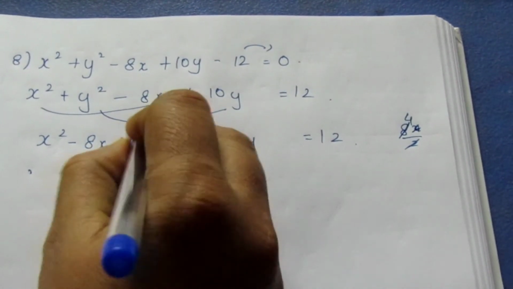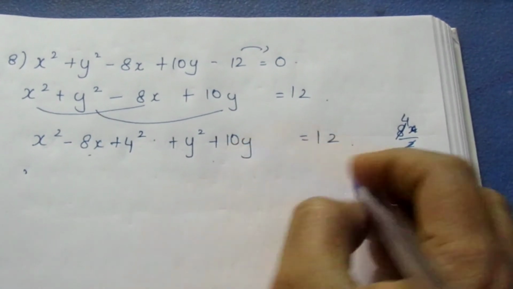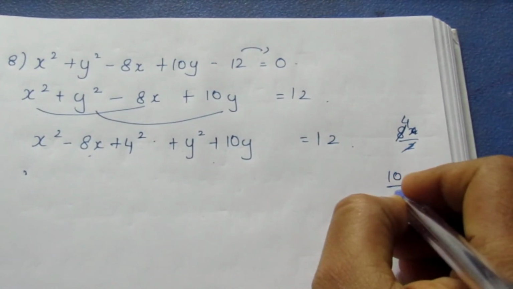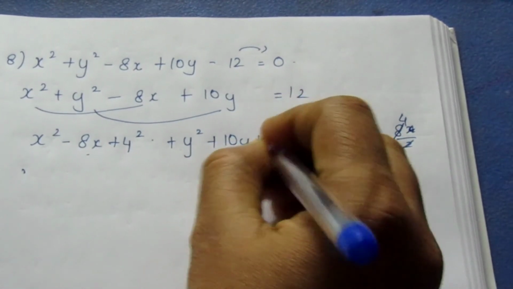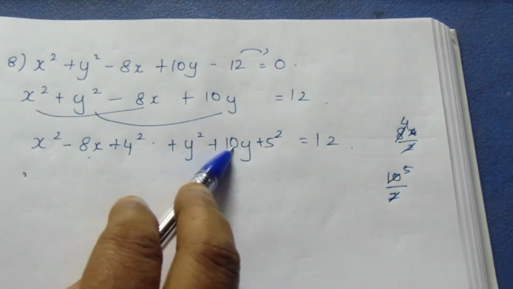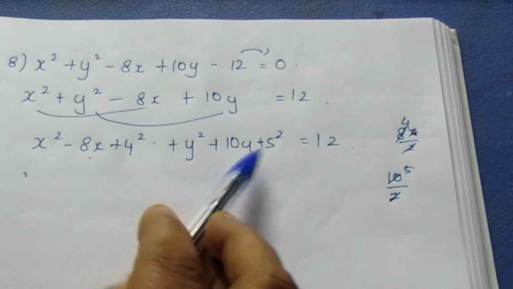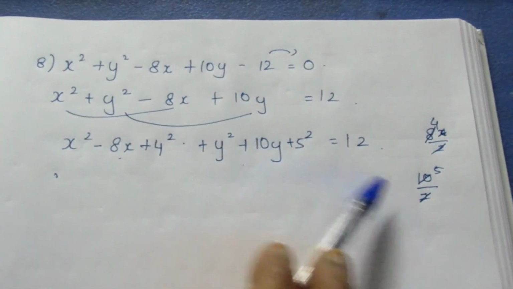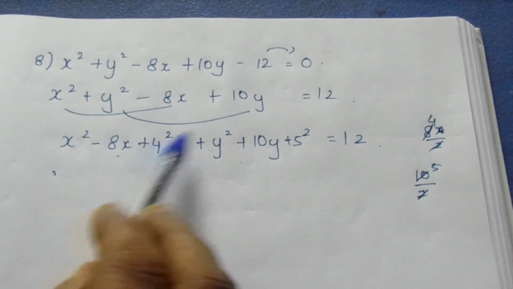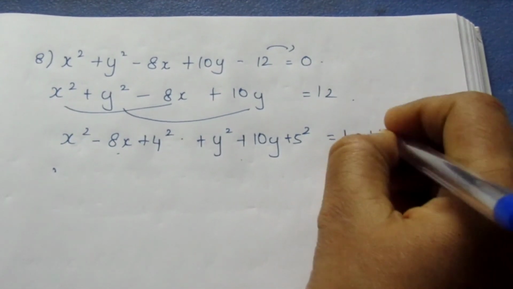So plus 4 square. Same way, divide 10 by 2, you will get your b. Plus 5 square, that is a square plus 2ab plus b square. For getting b square, just divide the x coefficient or y coefficient by 2, you will get your b square. We can't add anything here, so also add this to the other side.